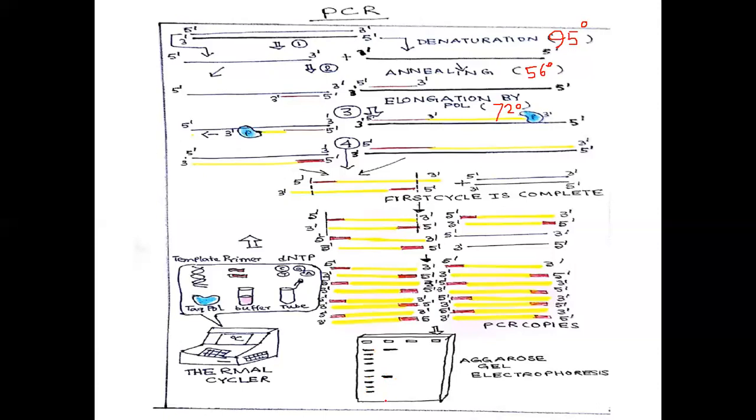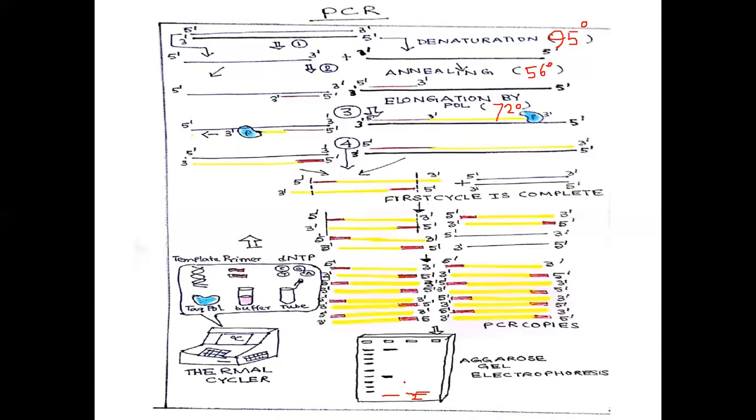Along with this, you can get some bands under this also. Here also you may have some bands like this. These bands are due to primer dimers. Sometimes the primers themselves get joined and can create a band like this. So these are primer dimer bands. Do not confuse these bands with the target band.